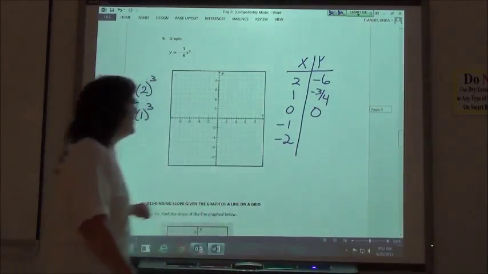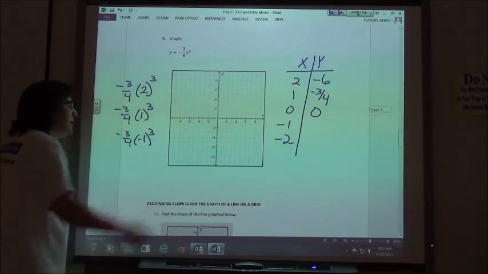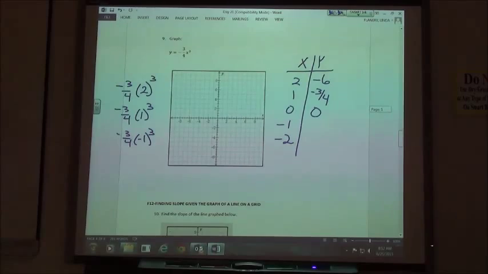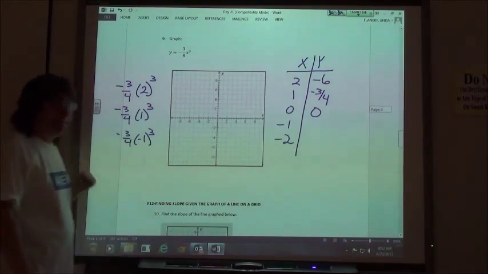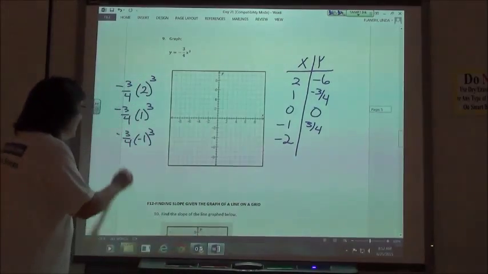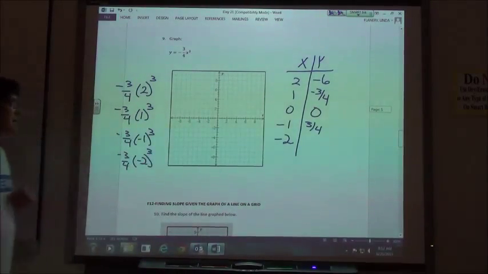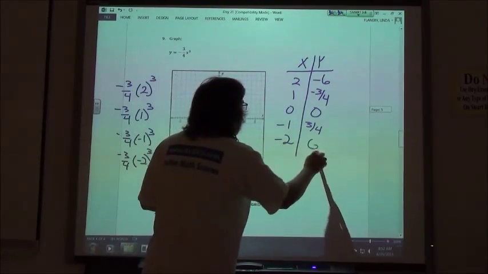We know we're going to have 0, 0. Negative 3/4 times negative 1 cubed, positive 3/4. And then negative 3/4 times negative 2 cubed, positive 6.